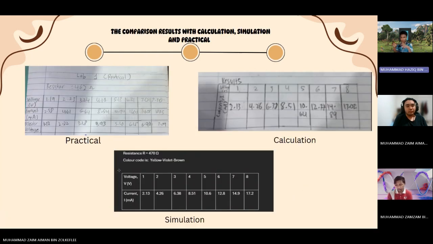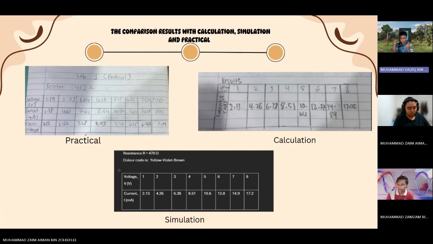So this is the comparison between calculation, simulation and practical. Basically, last week we did the practical. We did not get the same as simulation and calculation. Simulation and calculation are based on the data that was given, and for the practical, the item that we measured is different from the data given in the lab.